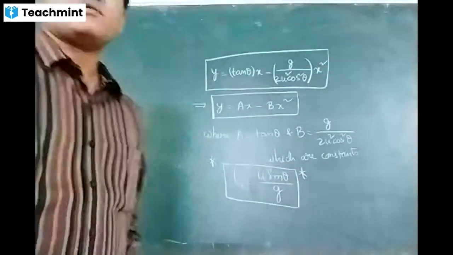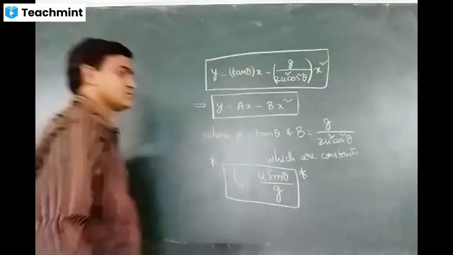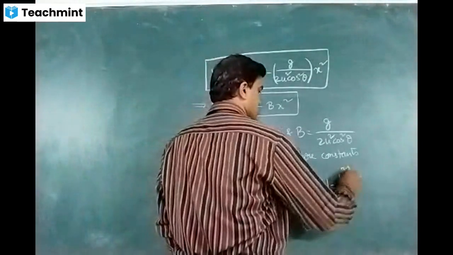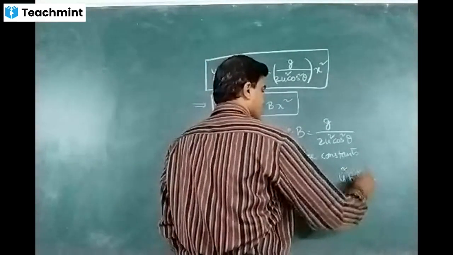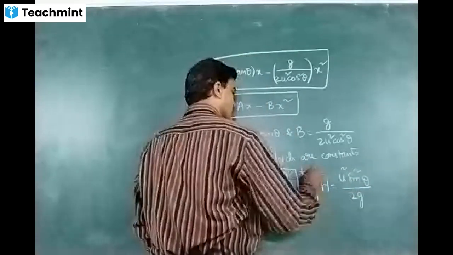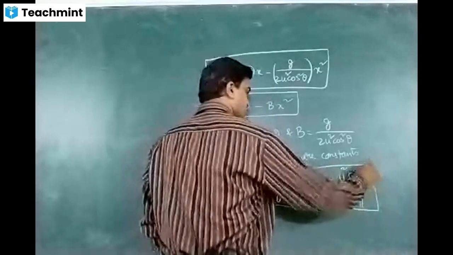And the maximum height of a projectile also we have derived. Maximum height of a projectile we got as u square sin square theta by 2g. We have completed this one also.